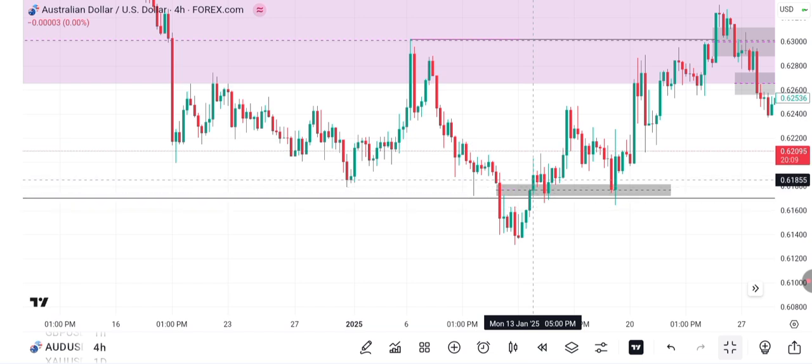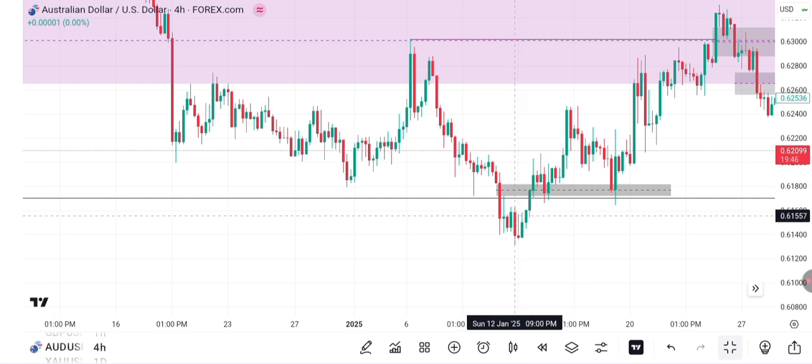This is where price invalidated the fair value gap, and price retraced on the 14th of January into this fair value gap here. So the inversion fair value gap was enacted on the 13th. On the 14th, price began to carry on higher.